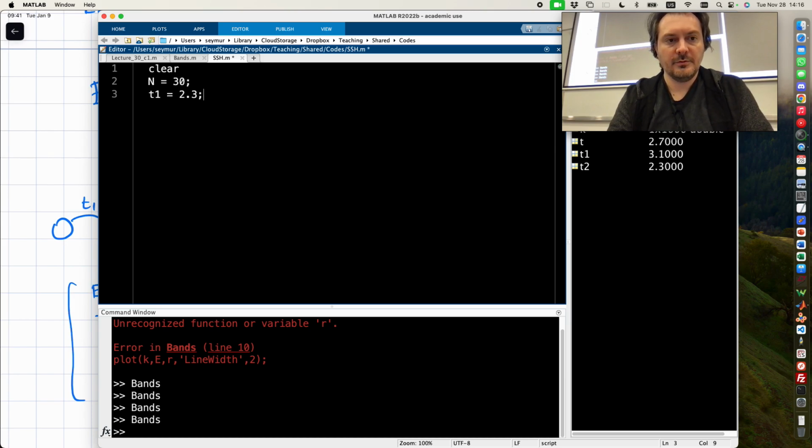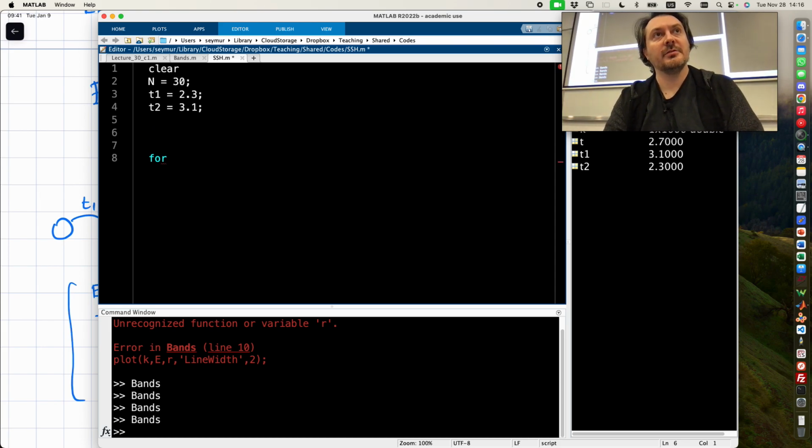T1 is 2.3, T2 is 3.1. Which one corresponds to double? The one with larger overlap, larger hopping parameter.